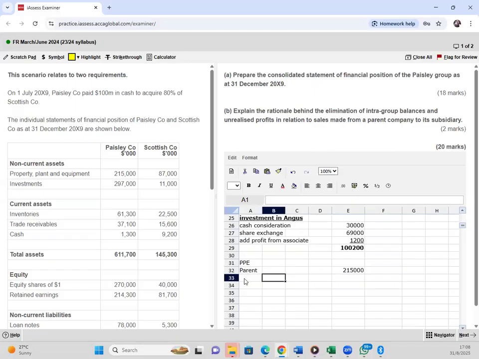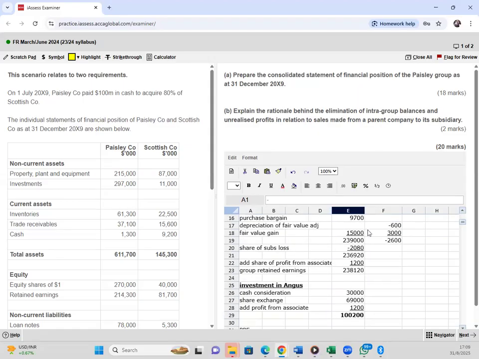Then we have the subsidiary, 87. Then we had fair value adjustment. So that fair value adjustment, if it's an upward fair value adjustment, it increases the value of PPE. Then we less the additional depreciation. So the additional depreciation reduces the value of PPE. How much was our additional depreciation? 600.